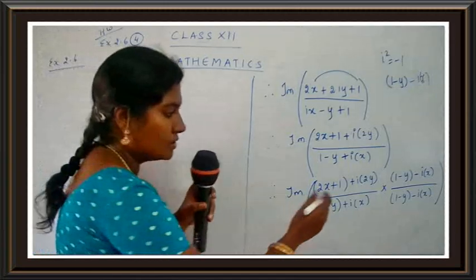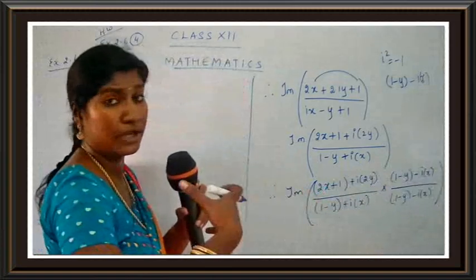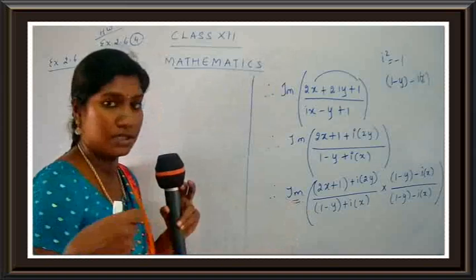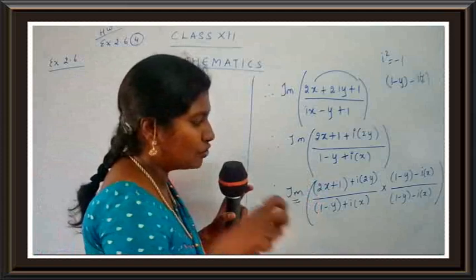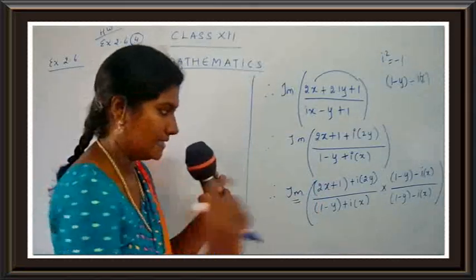Okay. Suppose, see here, these terms are there. So we are going to multiply. Multiplying means you will get more terms. Since we are just dealing with the imaginary part, we are going to choose the imaginary part. See here. So you have to choose a term in such a way that you get i. See here carefully.